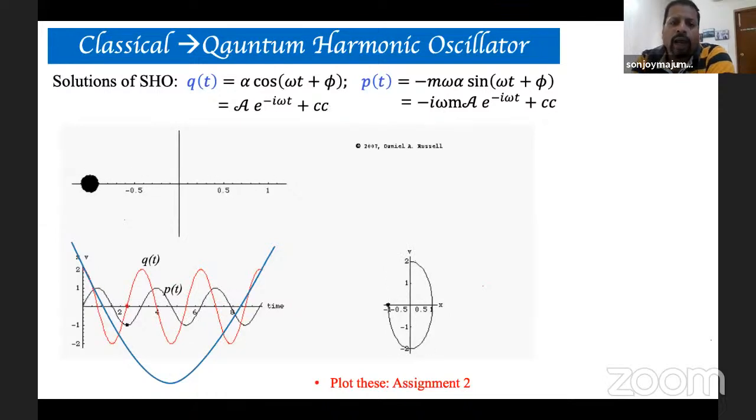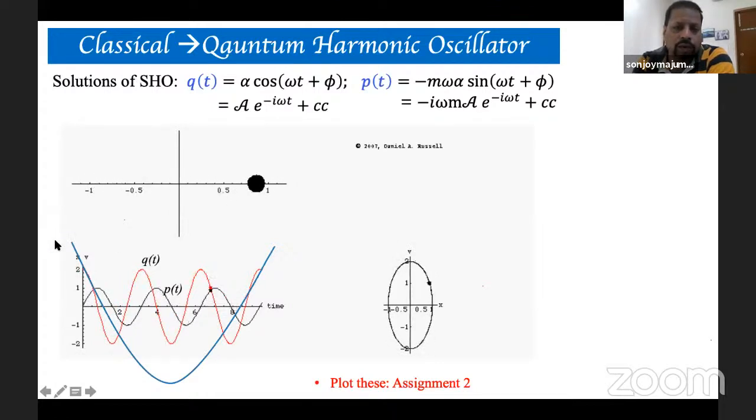Now let me show the picture where you have considered one bob. This ball is having oscillations with a particular frequency, let's say omega. And as you see from the solutions, positions and momentums vary sinusoidally.